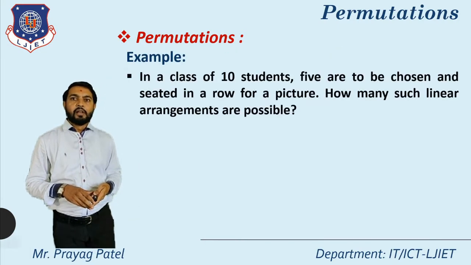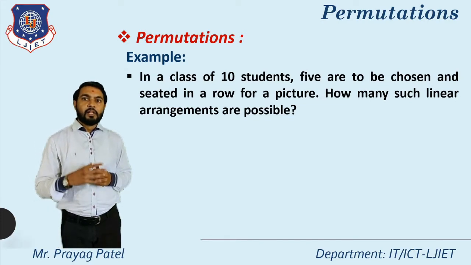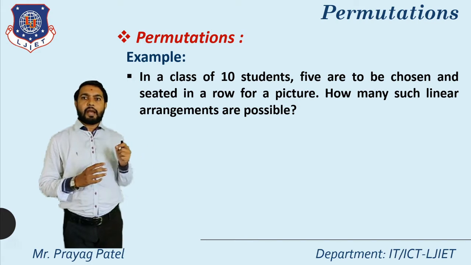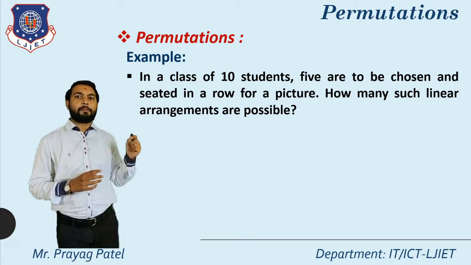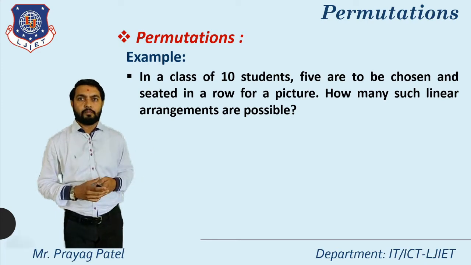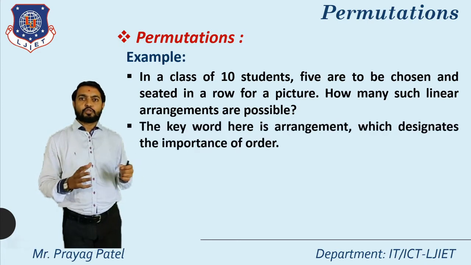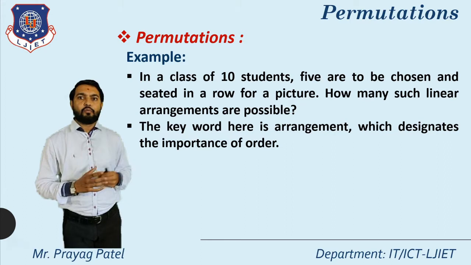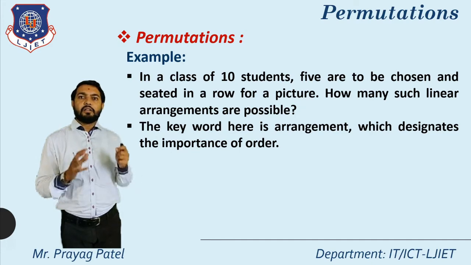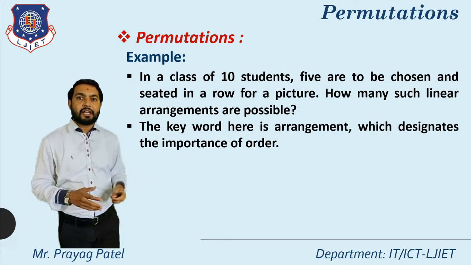Now see here, an example of the permutation. In a class of 10 students, 5 are to be chosen and seated in a row for a picture. How many such linear arrangements are possible? So in a class of total 10 students, we have to arrange 5. The keyword here is arrangement, which we define as a linear arrangement.